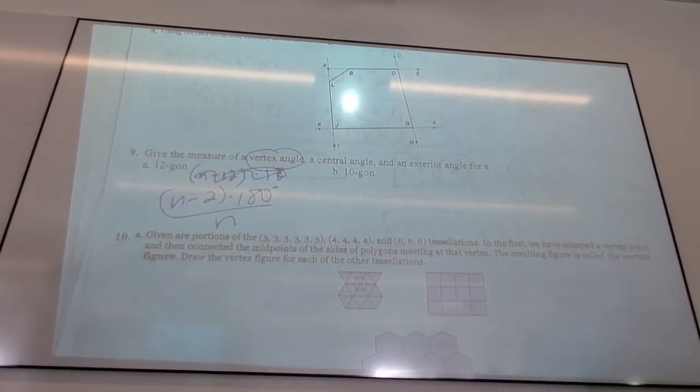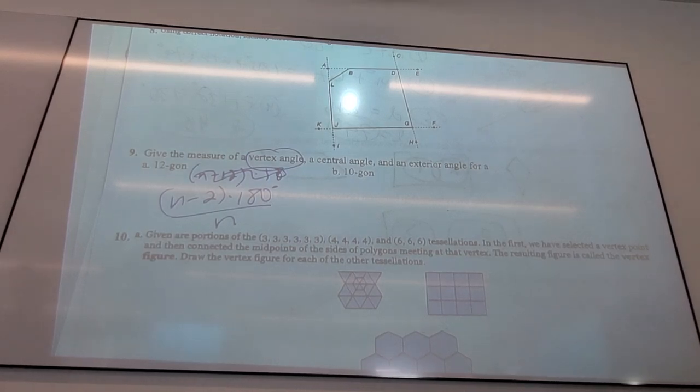For example, each one of those questions in math number 9, I'm gonna give you. So I would give you vertex V equals that, and then C equals this, and then E. I told you guys I'm not gonna make you memorize. For those questions, n would be 12 and 10. Okay, cool.